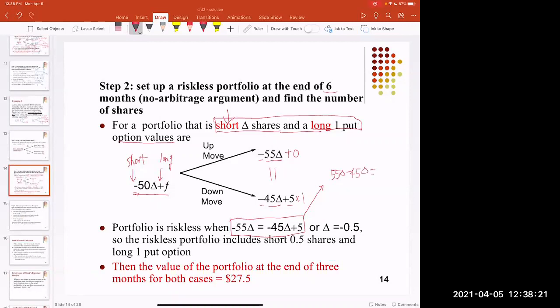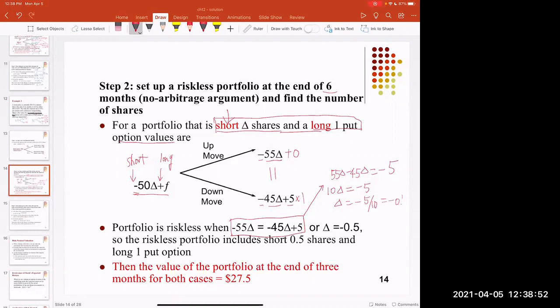And then we move 5 to the left-hand side, which is negative 5. So 55 minus 45 is 10 delta. 10 delta equals negative 5. Negative is fine, negative just means you take a short position. So 5 over 10 equals what?